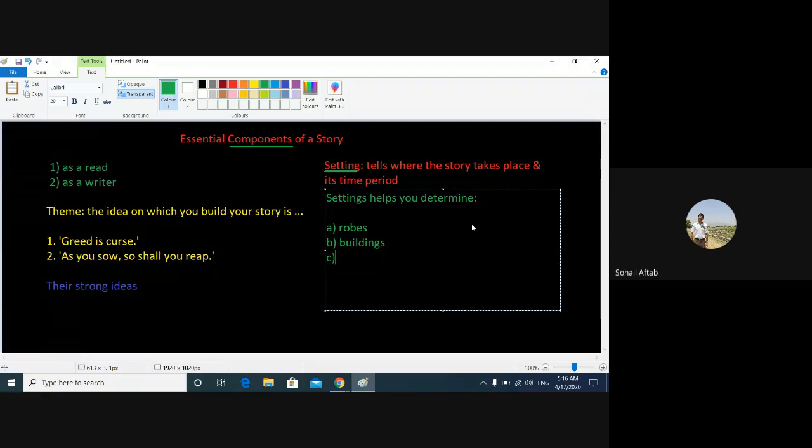Therefore, the people who have spent some time in the 18th century would be able to write better about that century. Or if you have read history, you can go ahead and carve your characters.